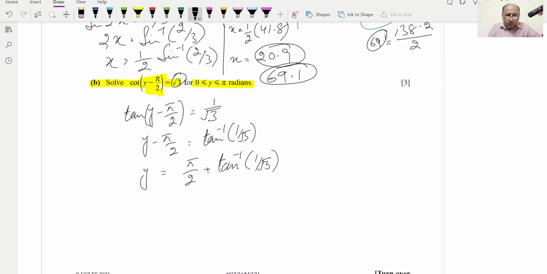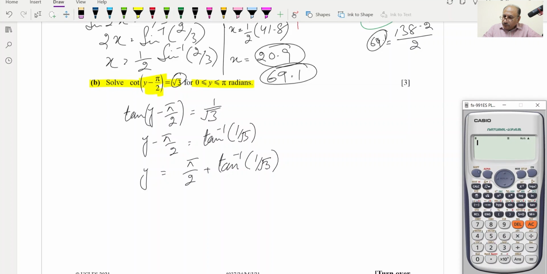Okay, now what we can do, we can find this tan inverse of 1 by root 3. This will be equal to 30 degrees, or we can write it as pi by 6.